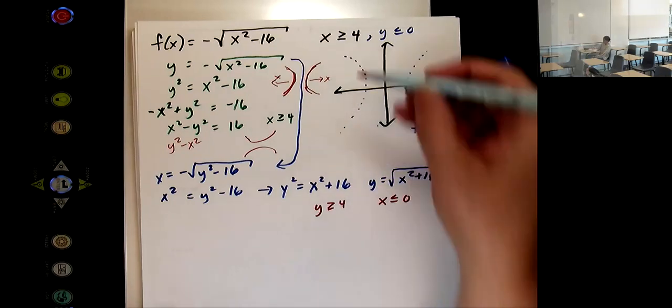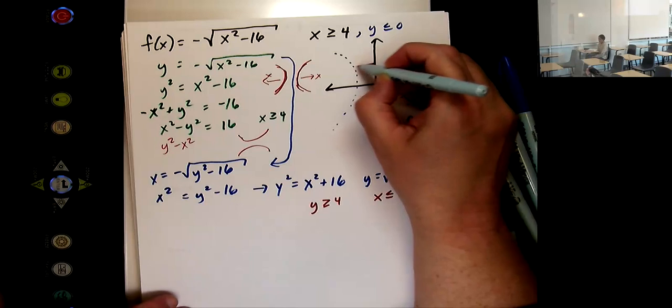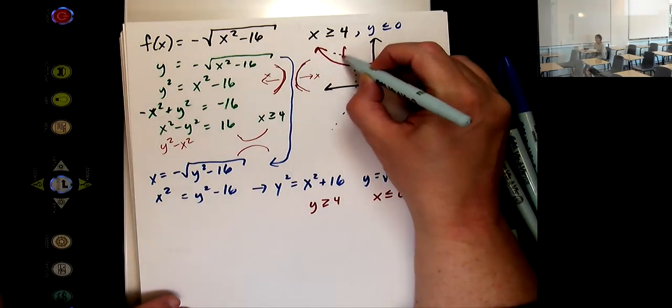And it should actually end up looking something like this. That should be f inverse.